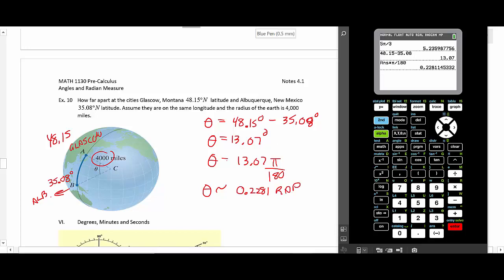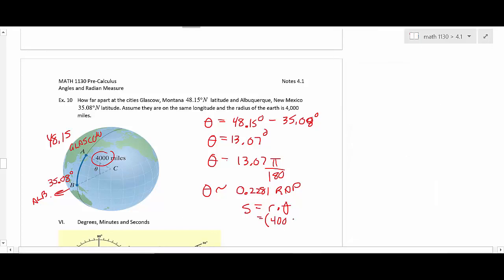Now the next thing you do is S is equal to R theta. So you take the radius of the Earth. This is approximate. I think it's more like 3,900 and something, so it would be 4,000 miles, and then multiply that by the radian measure, and then you would get a sensible answer. I tried to pull this off of a map.